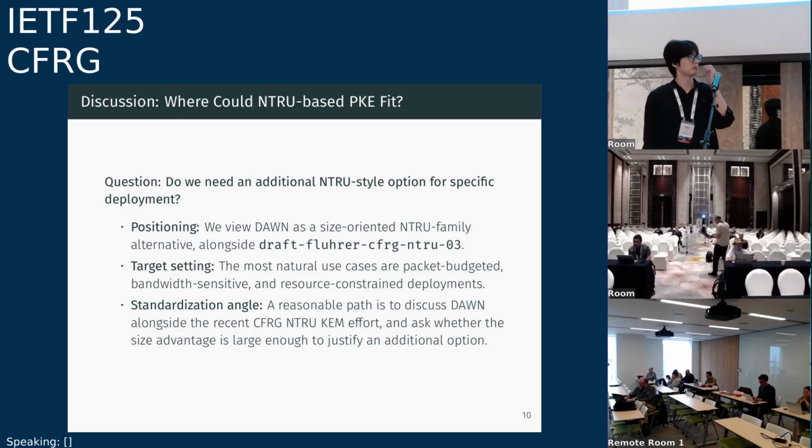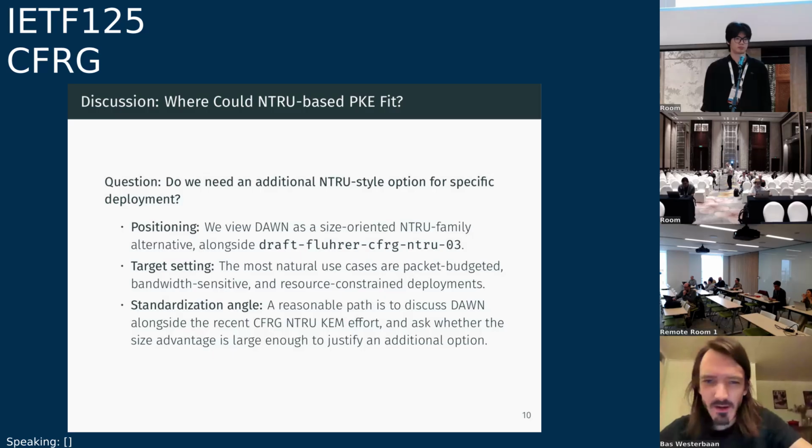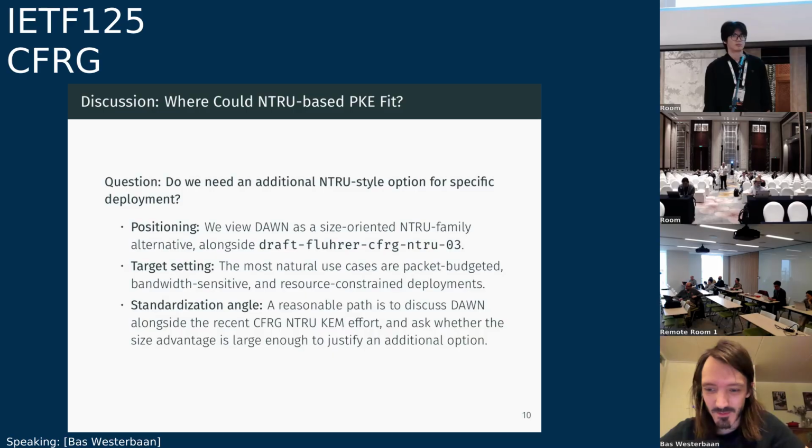Please, questions, Bas? Okay, from a performance angle, this is great. This is a real improvement on ML-KEM. But we cannot just adopt this, right?